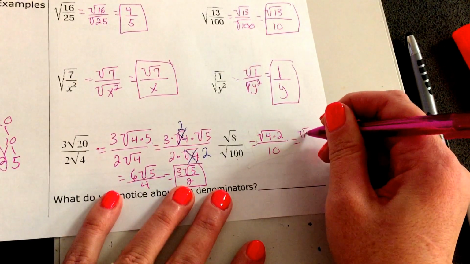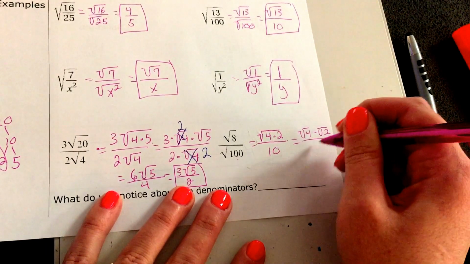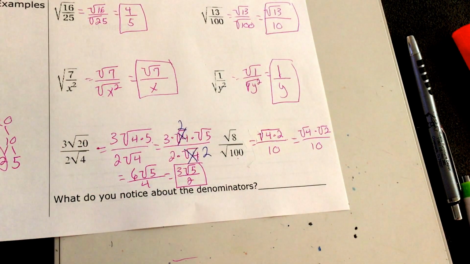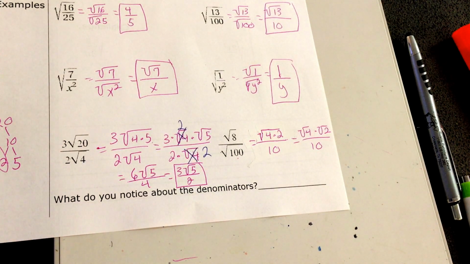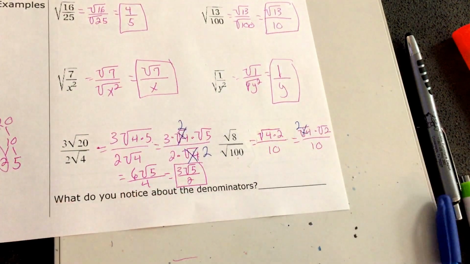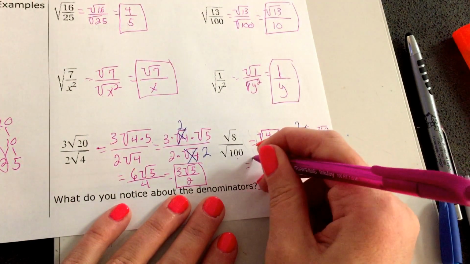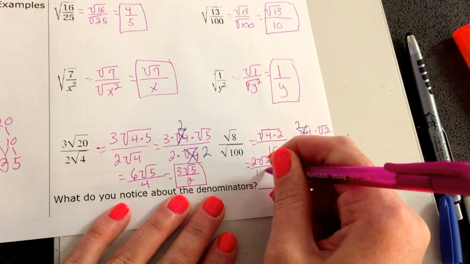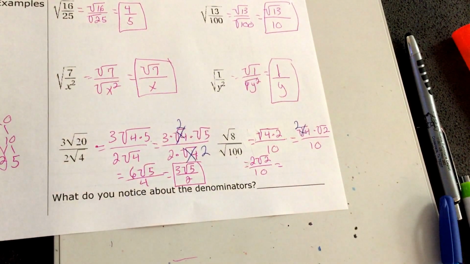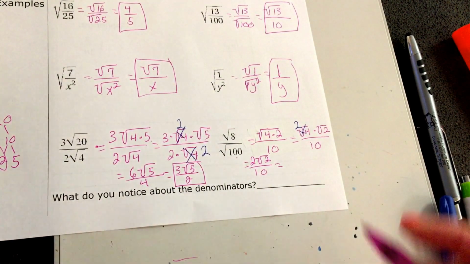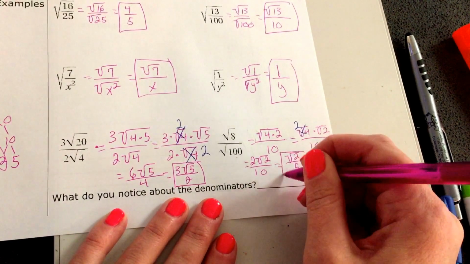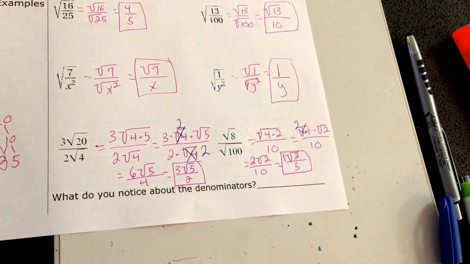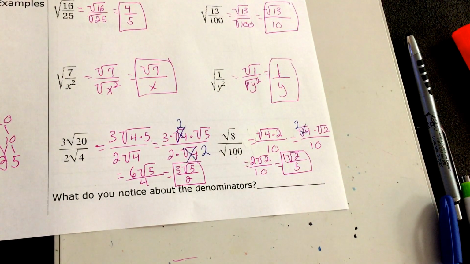So then we can do square root of 4 times square root of 2 over 10. Can I do anything with the square root of 4? 2. It becomes a 2. So my answer that I have is 2 square root 2 over 10. Can I simplify it down any further? Yes. To what? 1 over 5. Yep. You can put the 1 in front if you want. So 1 square root of 2 over 5.